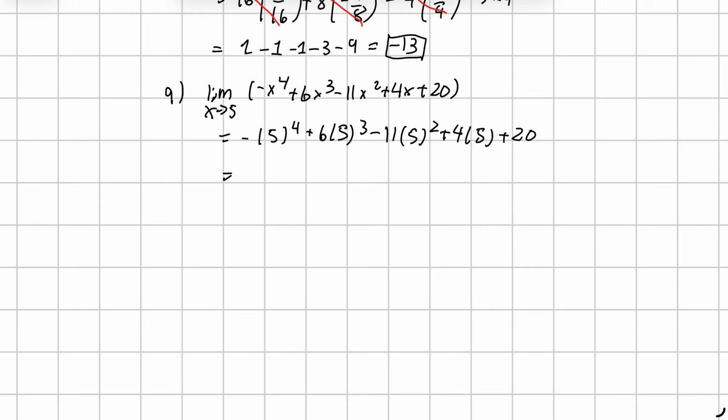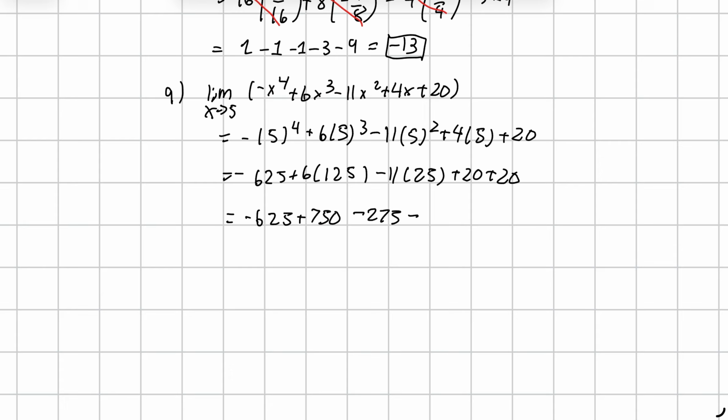That is negative 625 plus 6 times 125 minus 11 times 25 plus 20 plus 20. We get negative 625 plus 750 minus 275 plus 40. And this is all equal to negative 110.